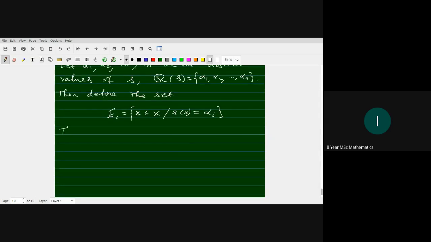One thing is clear: Ei intersection Ej is empty for i not equal to j. This is true for each i from 1, 2, etc., n.